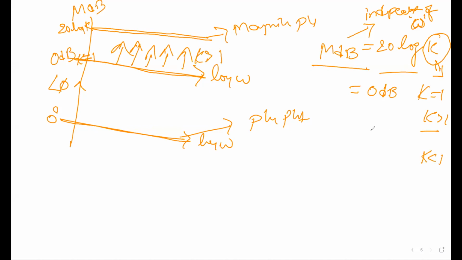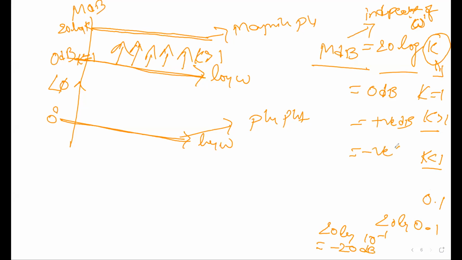If k is less than 1, what is the magnitude we are getting? Take 0.1: 20 log 0.1, nothing but 20 log 10 inverse, nothing but minus 20. Negative, sir.